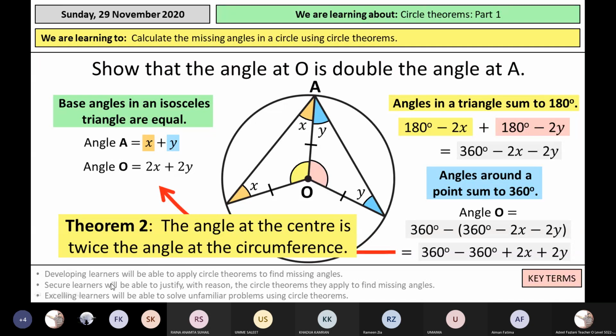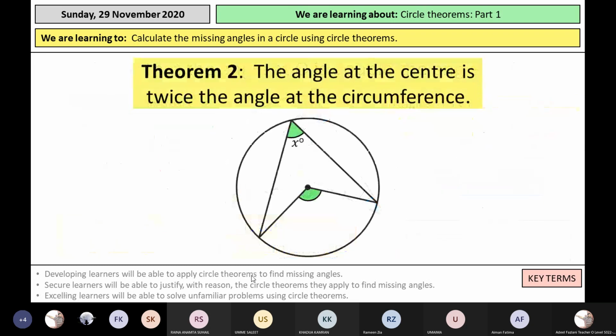We will go for more examples to hold a strong grip on theorem number 2 or property number 2, that is, the angle at the center is twice the angle at the circumference.